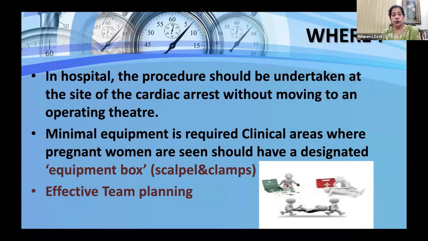Then the question arises, where is this to be done? Now, because of the 4-minute rule, we cannot shift the patient here and there. So in the hospital, the procedure should be undertaken at the site of cardiac arrest, be it the ward, the ICU, or even the operating table.